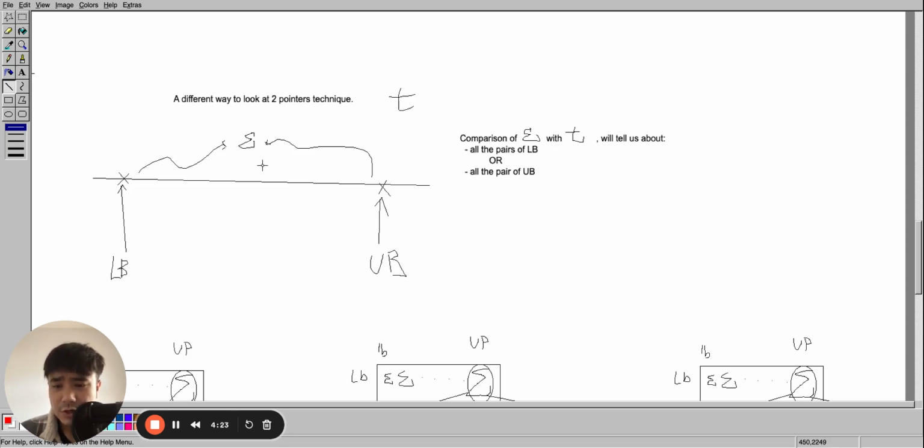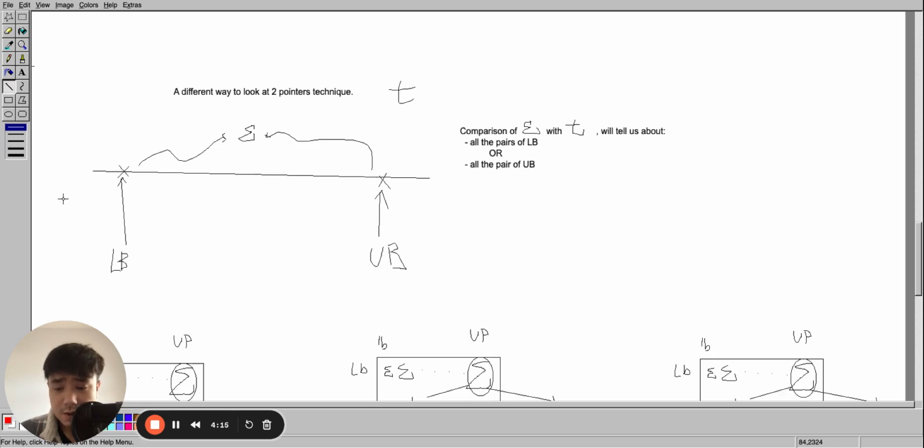Usually, you can exploit the sorted array property.